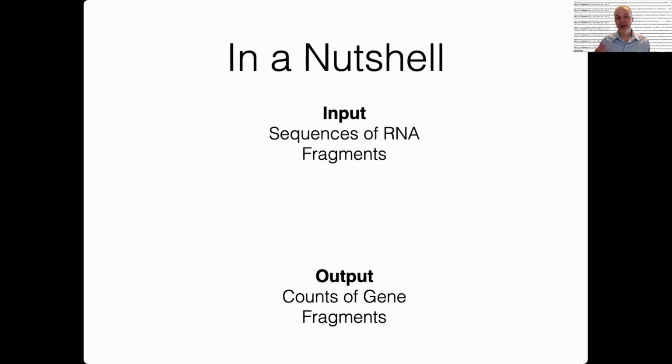This is, in a nutshell, what the data analysis looks like, and again, I'm talking about the bioinformatic aspects of this. Dr. Shi will be talking about what you do after you've done this bioinformatic analysis. The input to the analysis that we're doing today is sequences of RNA fragments, and the output is counts of gene fragments.